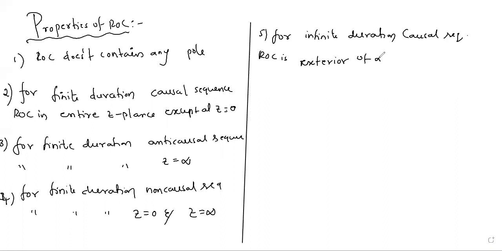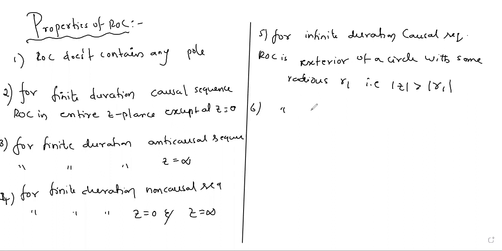Exterior of a circle, isn't it? ROC is exterior of a circle with some radius, right? Mostly the radius is pole. With some radius R1. That is, how do we represent: mod Z is greater than mod R1. Mod R1 means radius cannot be a negative value. So that's why mod we are using.